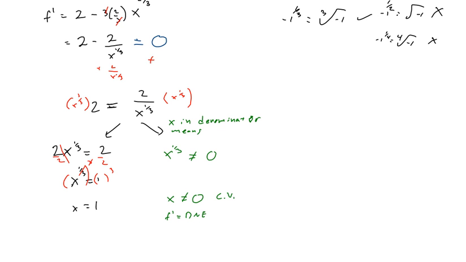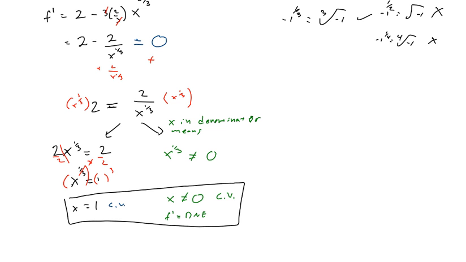So these two spots, 0 and 1, are both critical values. And the 0 is a critical value because the denominator had a variable, and the denominator cannot be 0.